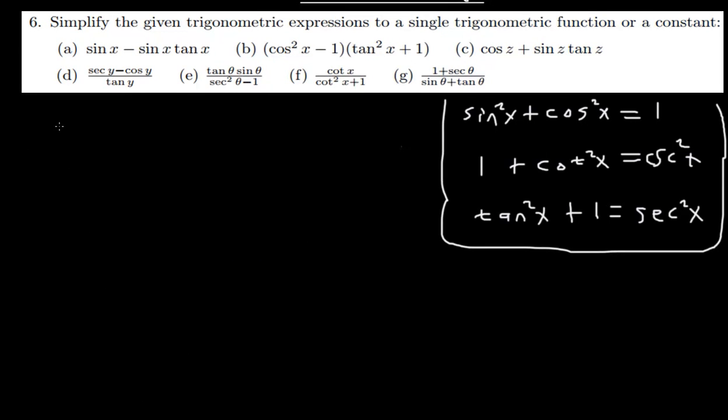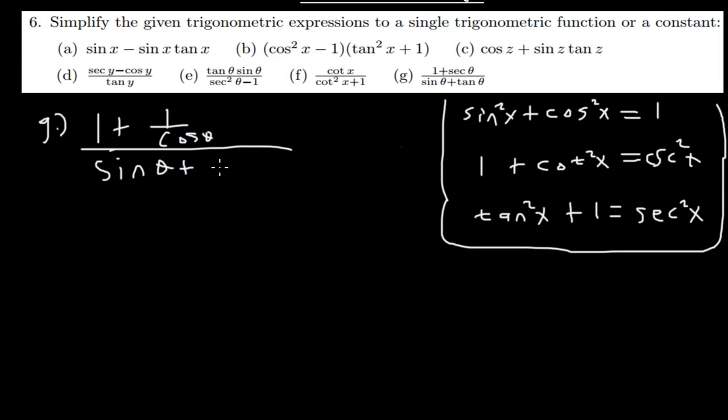So the last one, G, is 1 plus sec theta, which is 1 over cos theta, and then everything divided by sine theta plus sine over tan theta.